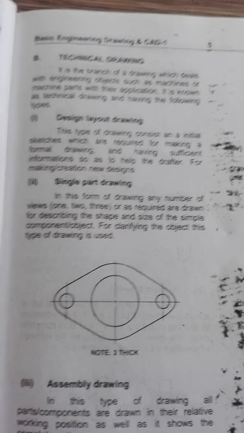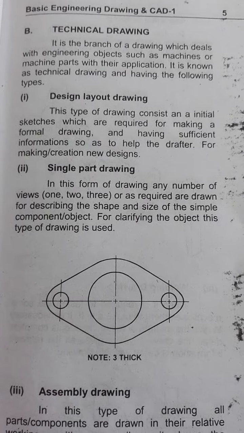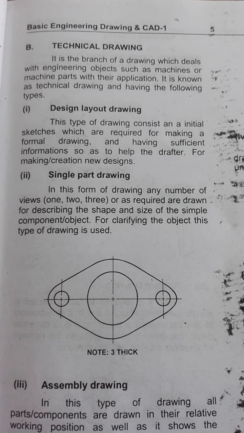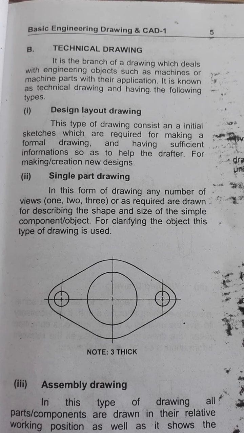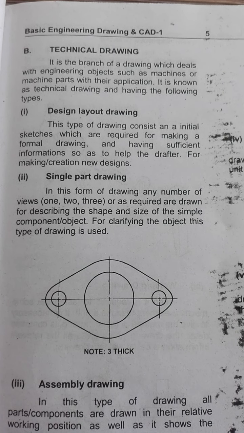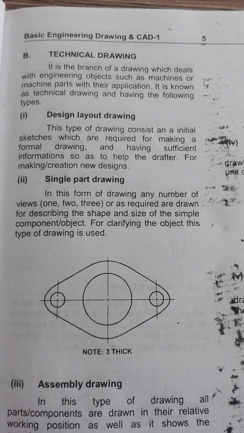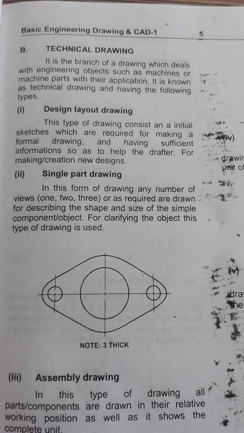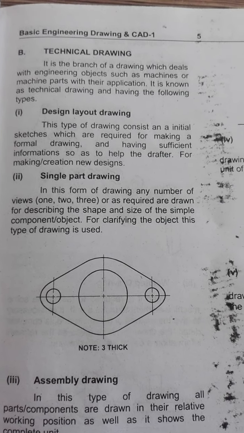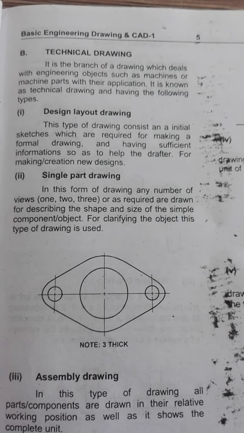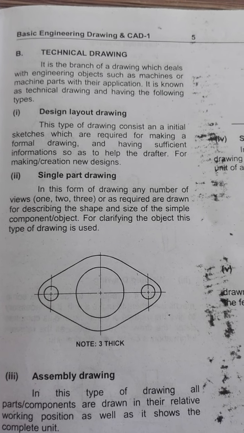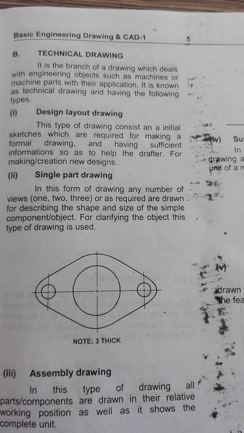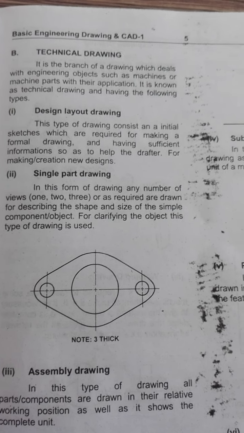When we are seeing an object, we can view it from one side or two or three, because an object has six surfaces, which are called the front, the back, the right side, left side, top and bottom.